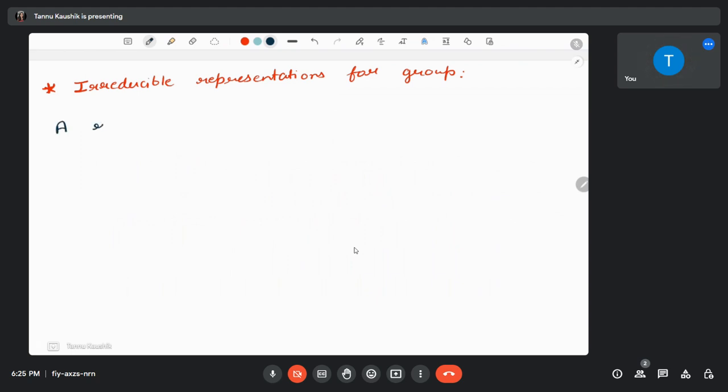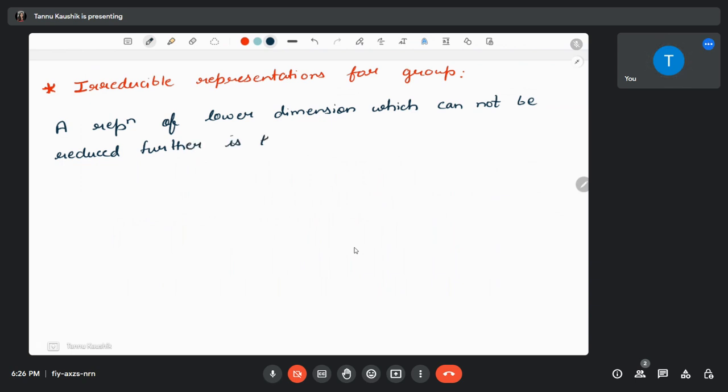So I'm writing the definition here. A representation of lower dimension which cannot be reduced further is known as irreducible representation.